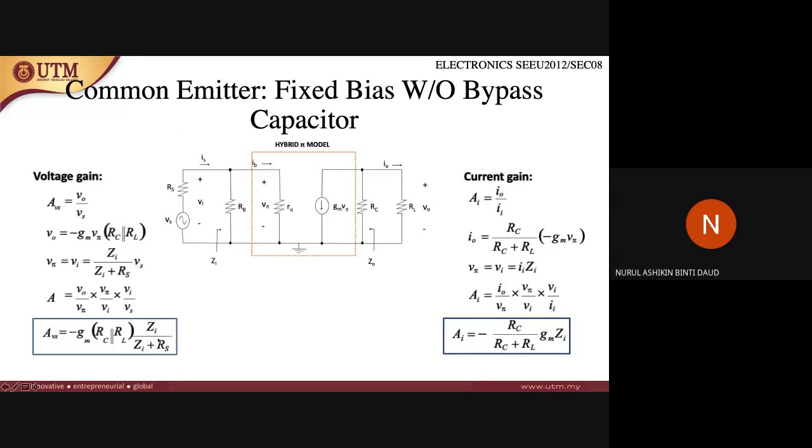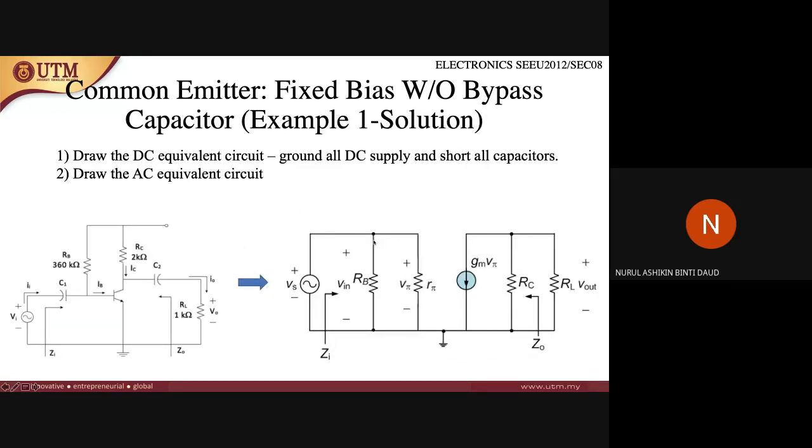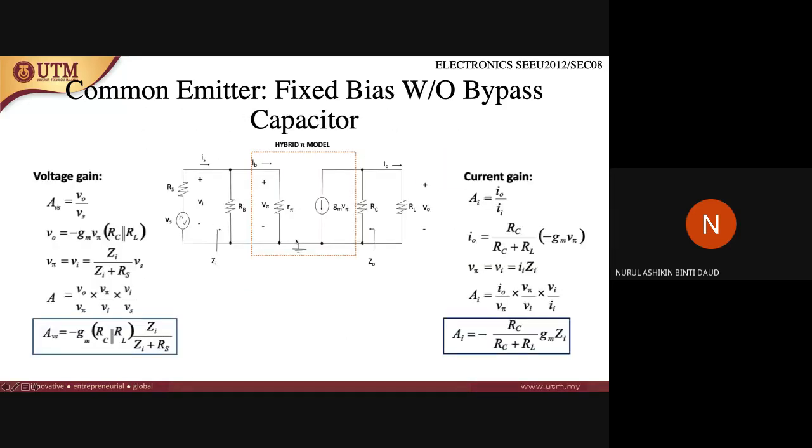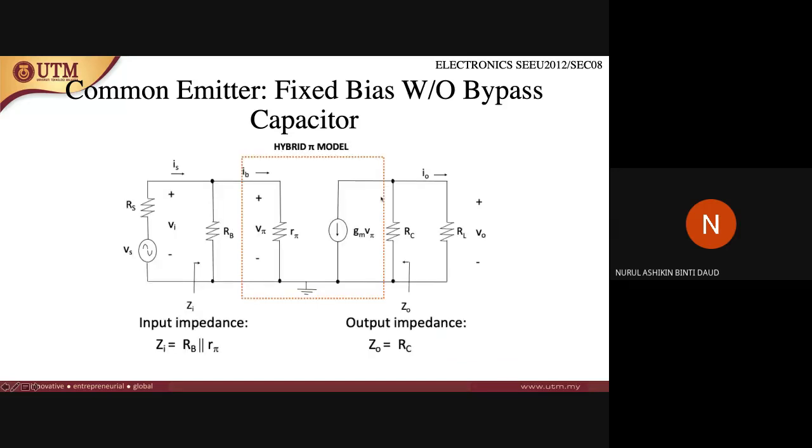In this example it will be very simple because there is no resistor at this point compared to here, so you can omit this resistor part. Otherwise it is the same. First of all, you need to find the input impedance.